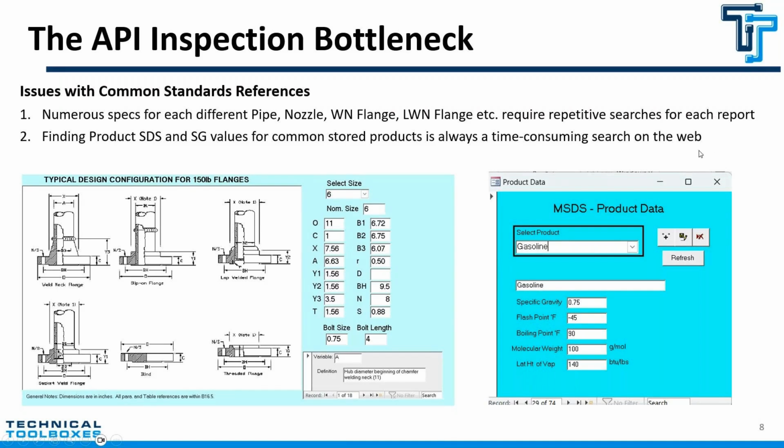Search on the web. So in these examples here, for instance, you have typical design configurations for 150-pound flanges. Well, there are 6 different types of flanges, and there are multiple sizes that you have to search for to get all the variables required for that particular nozzle or that particular flange.